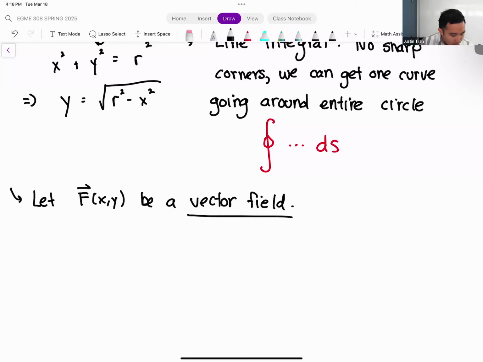And we're going to assume that F1 and F2 are the components of this vector field.